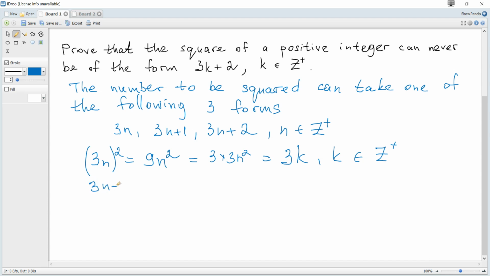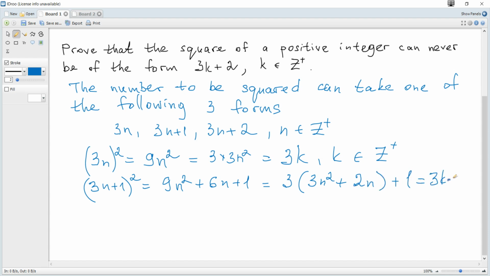And 3n plus 1 squared is what? 9n squared plus 6n plus 1. We can factor out 3 here, so it becomes 3 times (3n squared plus 2n) plus 1, and it's 3k plus 1, where k is a positive integer.